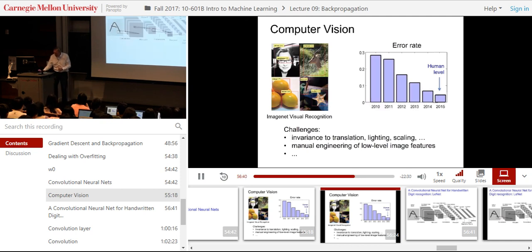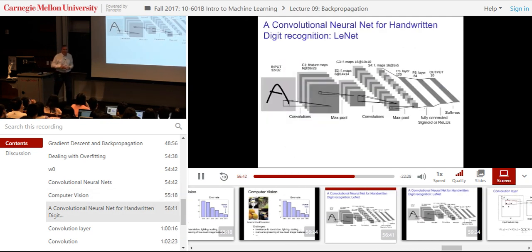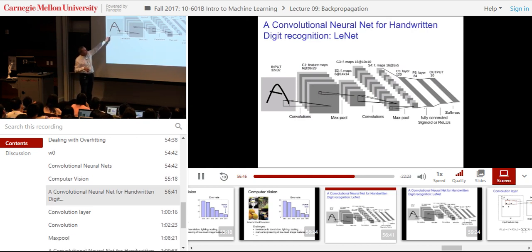Okay, so let's look at an example of a convolutional network. This is the one you'll be working with in the homework. This one takes a 32 by 32 input image, and it's an image like this of a handwritten character. In fact, the data set we'll be using in the homework has digits from 0 to 9. But they're written by different people, and they don't all look the same.